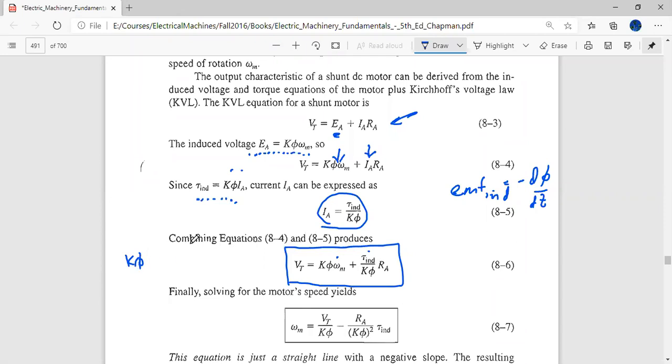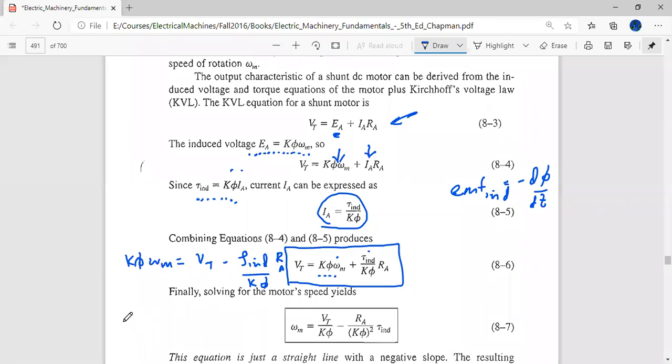So we make this part the subject of the equation and bring it to this side: K phi omega m is equal to Vt minus torque induced times Ra over K phi.